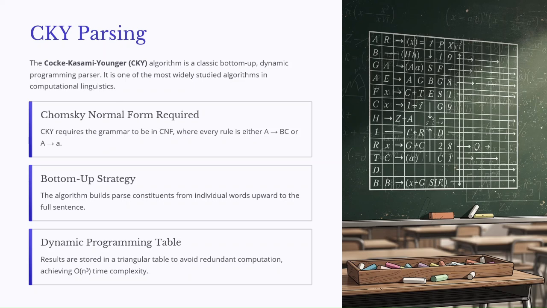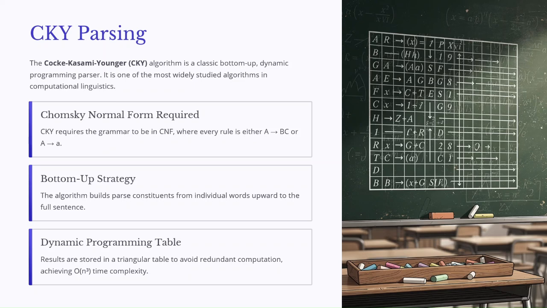Each production rule should have either two non-terminals or a single terminal. If it satisfies that, then your grammar is in CNF. Once it is in CNF, you can go with CKY parsing.